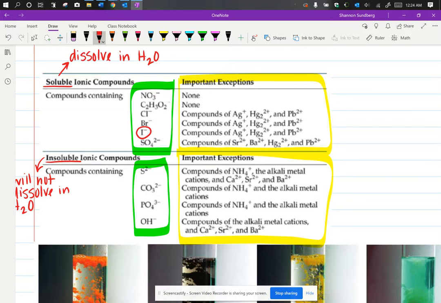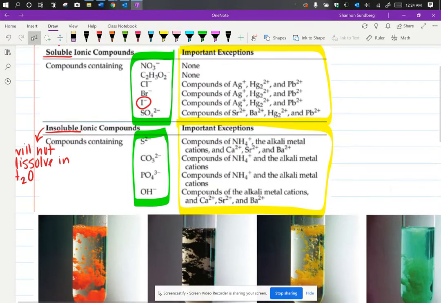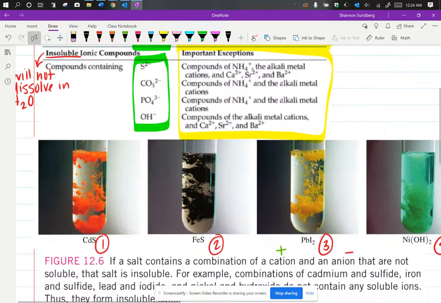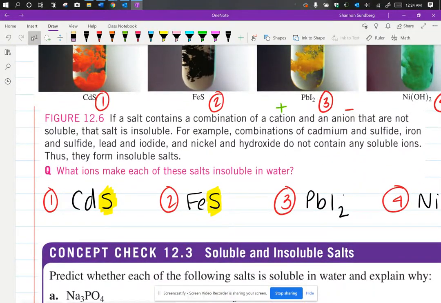If you trail your eyes over to the right there, if iodine is paired up with silver, mercury, or lead, it's not soluble anymore. It becomes insoluble. Well, this time it's a combination of lead and iodine, so instead of it being soluble, it's insoluble. This time, though, the anion didn't goof up the flow. Lead did it. Lead is the exception to the rule.